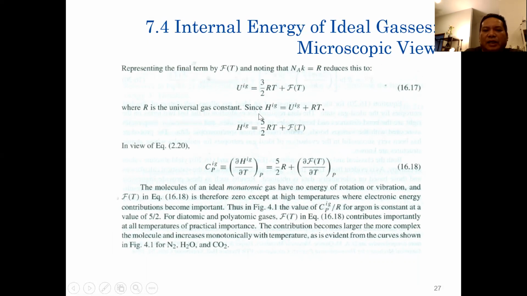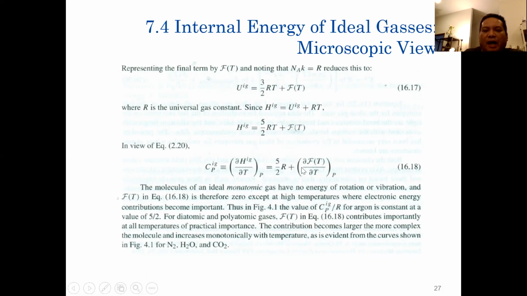R is the universal gas constant, and since H, the enthalpy, is U plus RT, we can return it into this form here, 5/2. So Cp, the ratio of enthalpy to temperature at constant pressure, is equal to 5R/2 plus this.